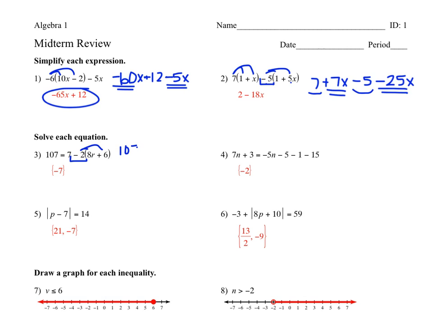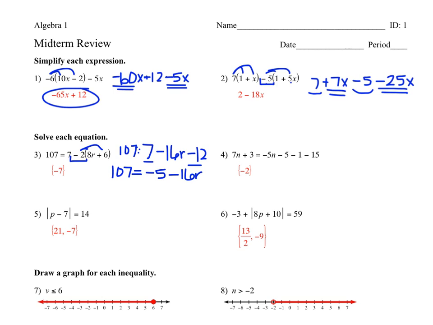So 107 equals 7 minus 16r minus 12. And then things that I can put together, the 7 and the negative 12, I can just add them together because they're on the same side of the equation. So that's going to give me negative 5 minus 16r.